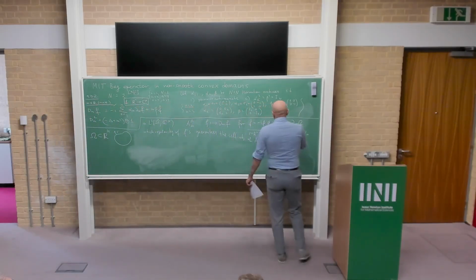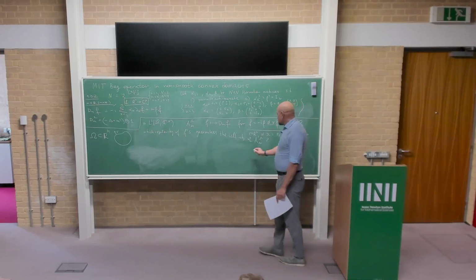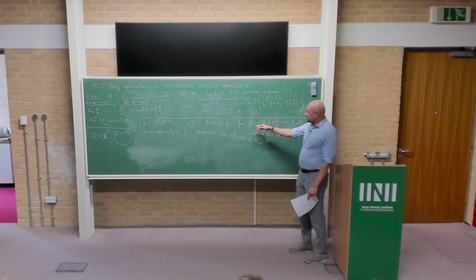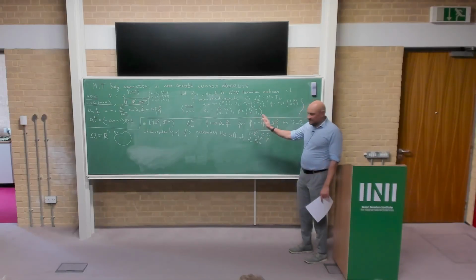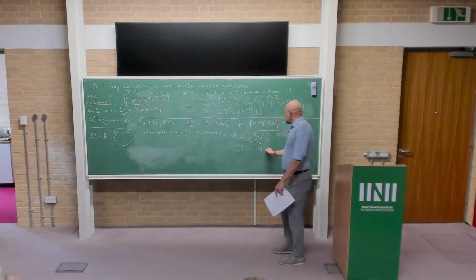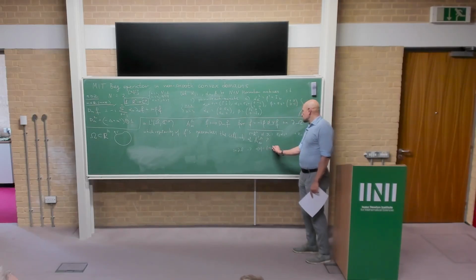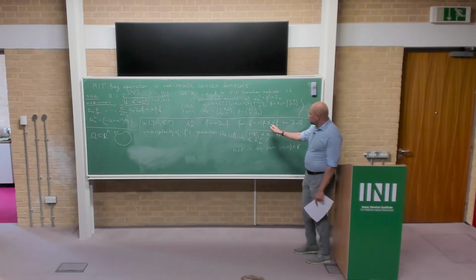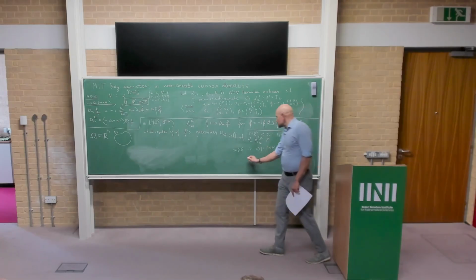Let's say you take some point s on the boundary. Then you have the normal vector at s in R^n.